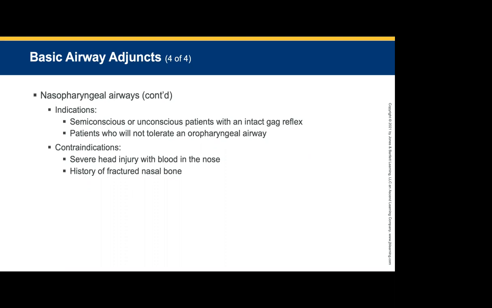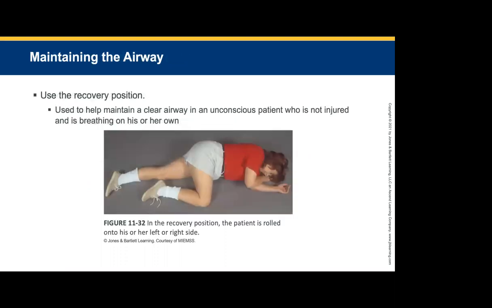Well, you should know this from your CPR classes. Use the recovery position if they're an unconscious patient who is breathing on their own. As y'all know, hopefully you learned this in your CPR class too. If you see the way the young lady's laying, she can't roll any further over onto her stomach, which would impede the airway, because of the way the right leg and the left arm are placed.